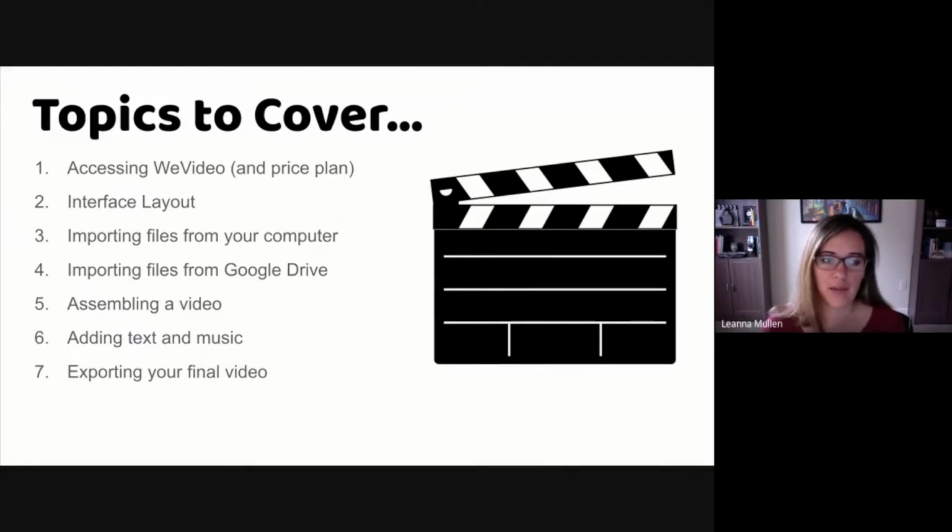Then I'll show you how to import files from your computer, as well as also how to get them from Google Drive, which is a nice advanced feature that if you were in the iMovie one yesterday, you know you're pretty much limited to what was on your phone, but this is a much larger place that you can pull video files from. Also, how to assemble a video, including how to add text and add music if you would like. And then finally, the important part of exporting your final video when you're done, so that your students or wherever you might be sharing your video is actually a completed file, not just stuck in this project view.